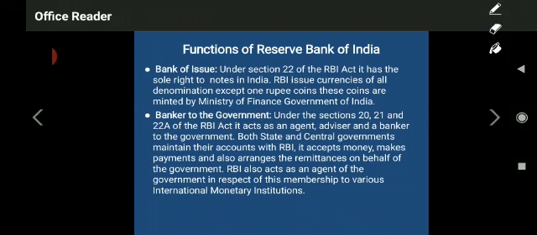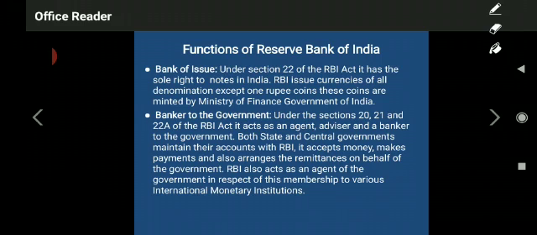Coming to the second one, that is banker to the government. In addition to issuing currencies, RBI is also acting as a banker to the government. It's a bank of government. Government needs to have its own bank, so that is RBI.